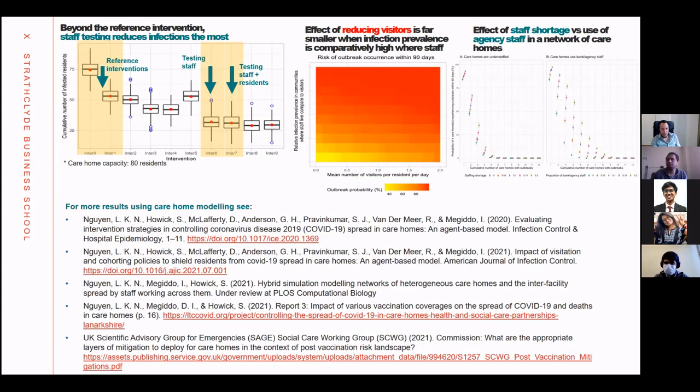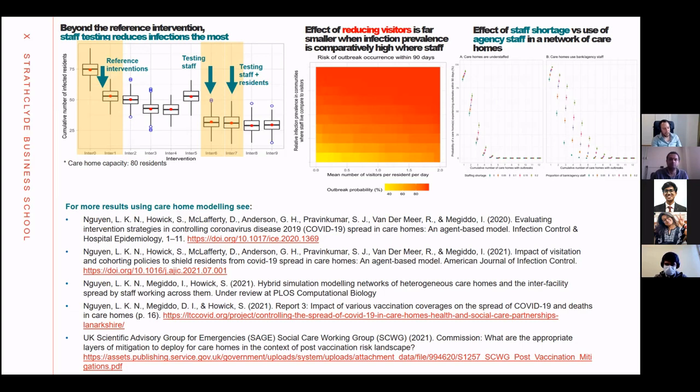The one in the middle here is looking at the effect of reducing visitors in different settings of care homes. From discussions with care homes over here, and different networks of care homes, we found that staff often live quite near the care homes, whereas visitors might come from a far broader area.